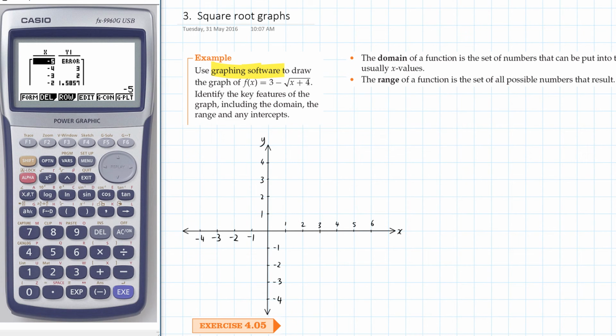You can see that if we go as far back as -5, we'll get an error, and of course it makes sense because under our square root we've got x plus 4. So if we went smaller than -4, we're going into the negatives. We can't have a negative square root, so actually -4 is our first possible value.